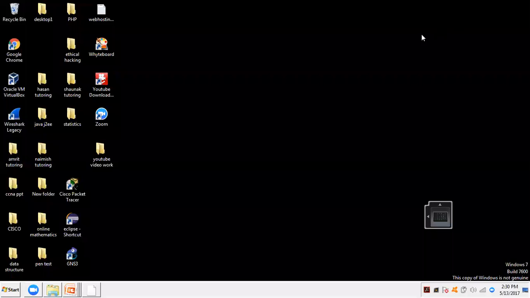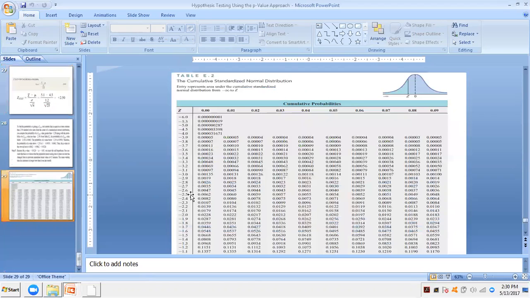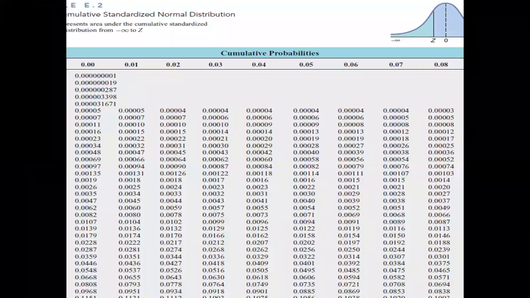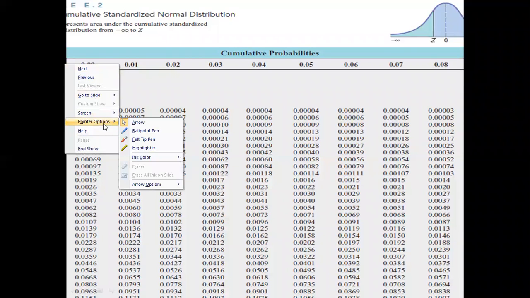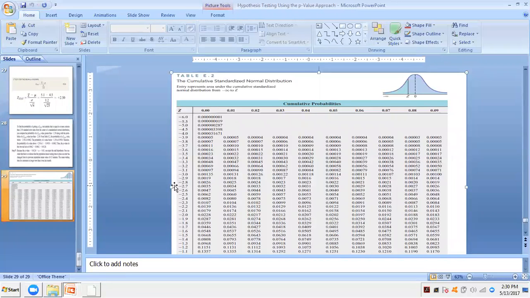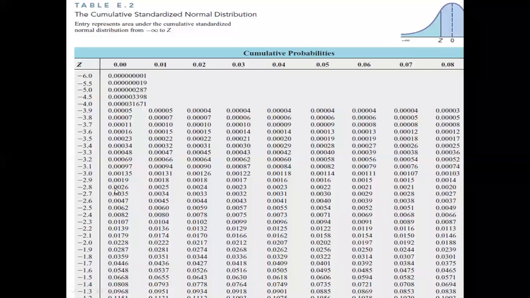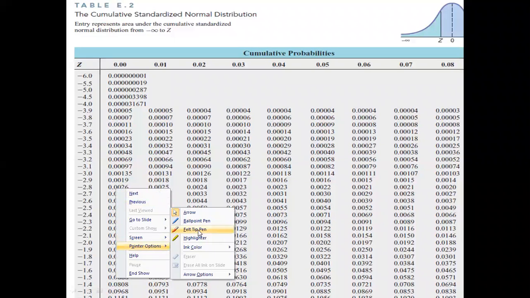So minus 2.23. Minus 2.2 you have to find in the row. So we'll see where is minus 2.2.